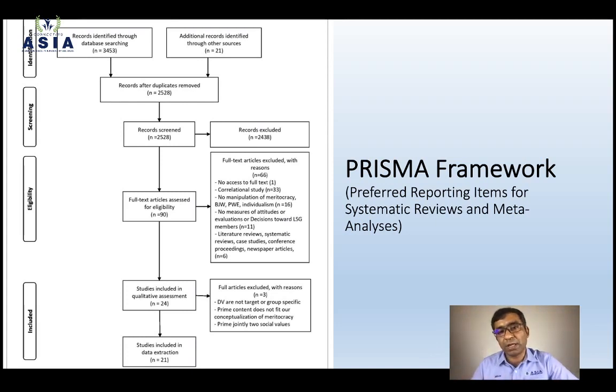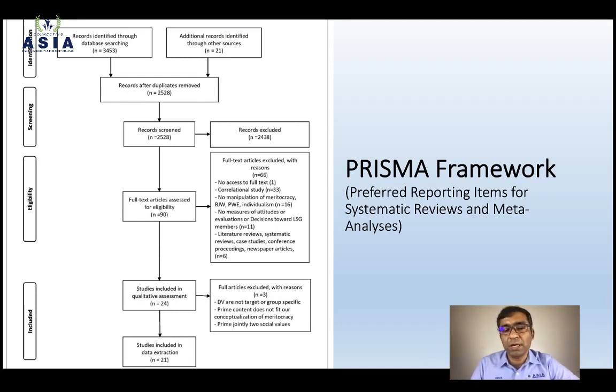Compared to narrative and other formats of literature review, where we can ignore some papers and report only the literature which supports our argument, in a systematic literature review this is not the case. You need to report each and every study you see during the search or query. Whatever the number is, you need to report it.